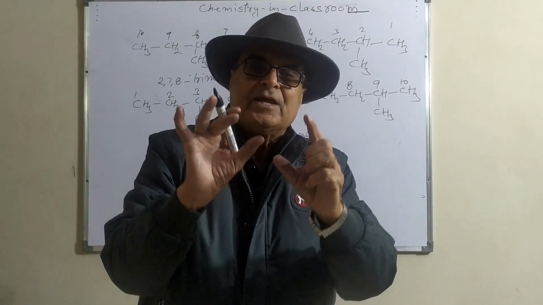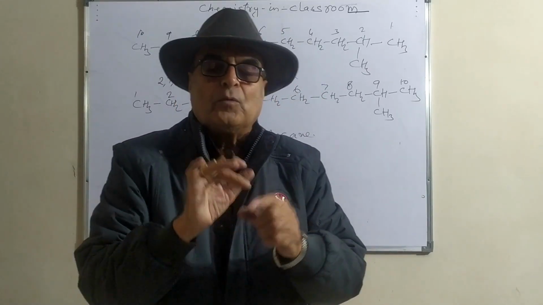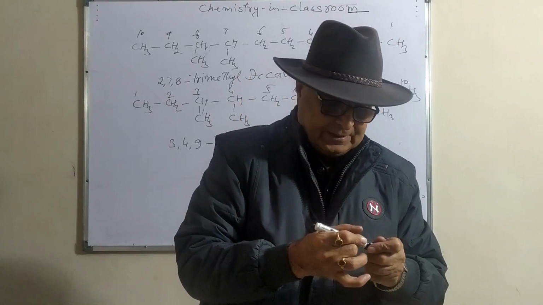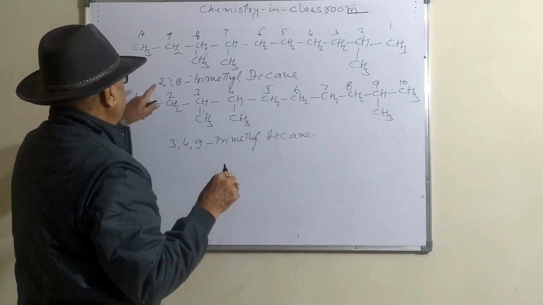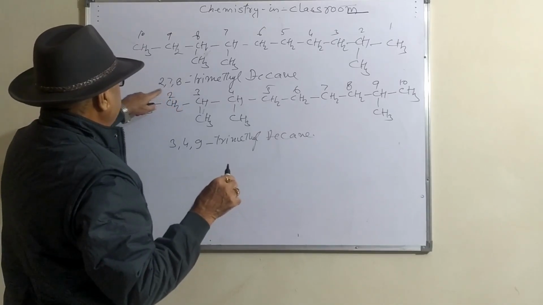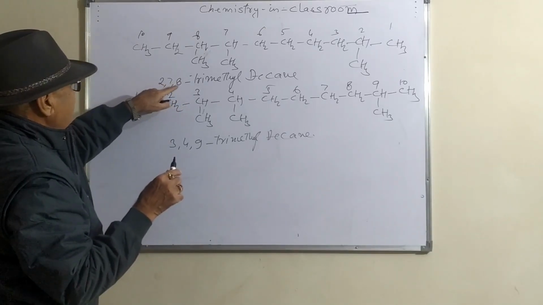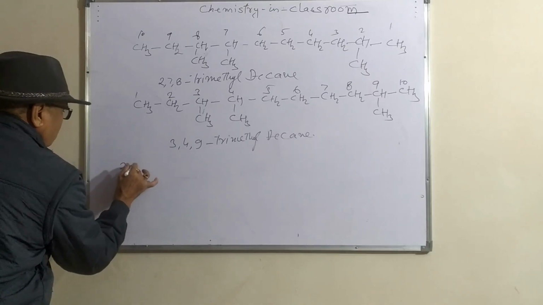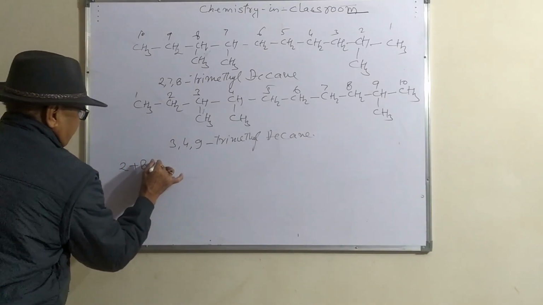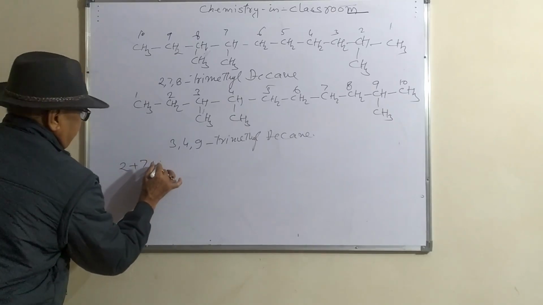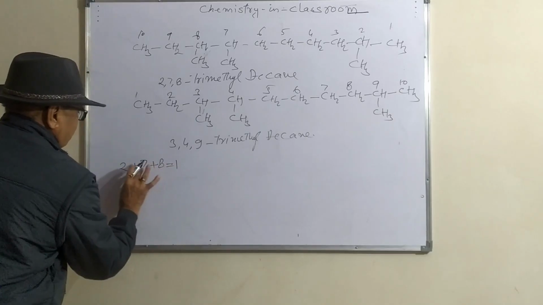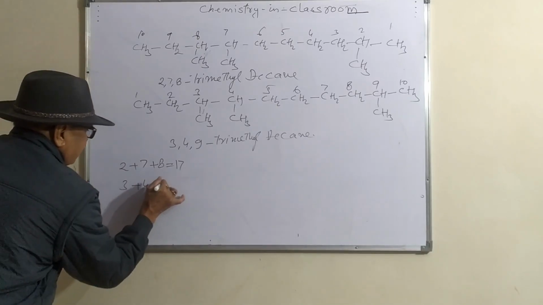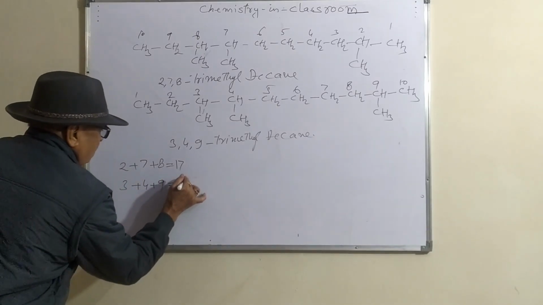When you are in confusion about awarding the lowest number to the substituent groups, you should add all the numbers. So the total of 2, 7, 8 is 2 plus 7 plus 8, which is 17, and 3, 4, 9 is 3 plus 4 plus 9, which is 16.